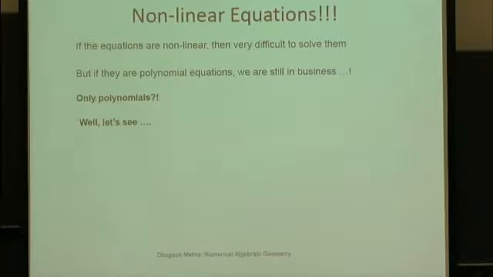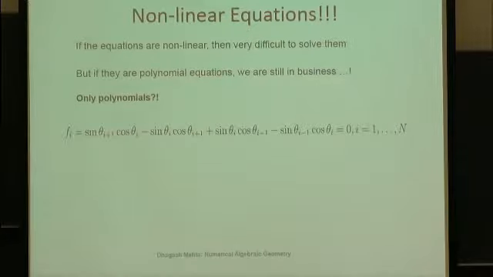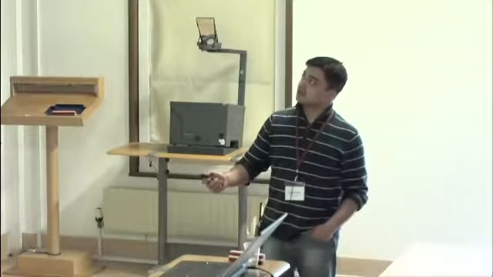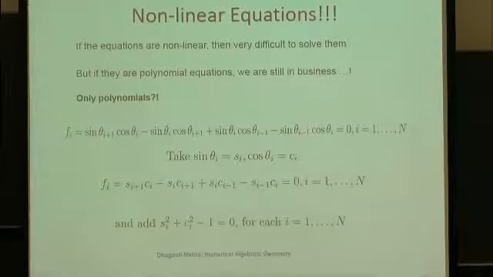As I said, even if you may not have polynomial equations in the first place, say you have an equation of this kind, then you can also convert it to a polynomial by taking sine and cosine as S and C. Your resulting equation would look like this, and then you add the constraint equation, sine squared theta plus cosine squared theta minus 1.